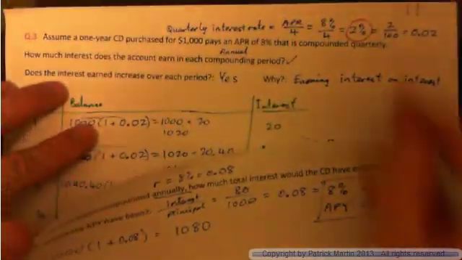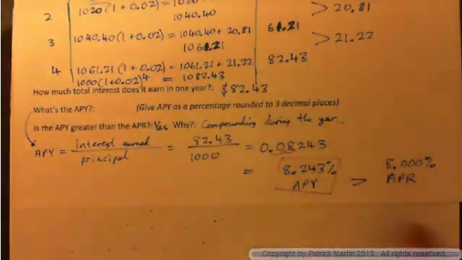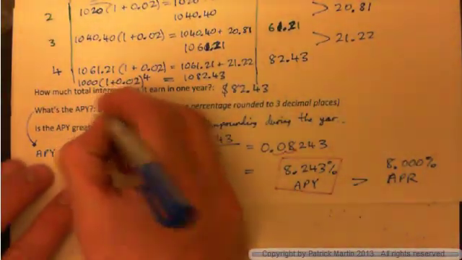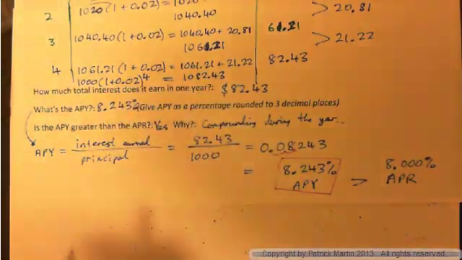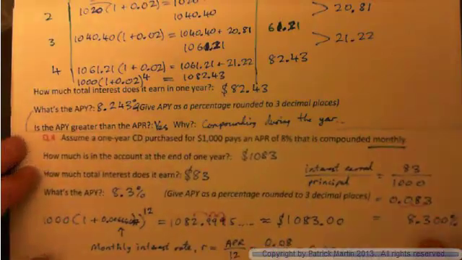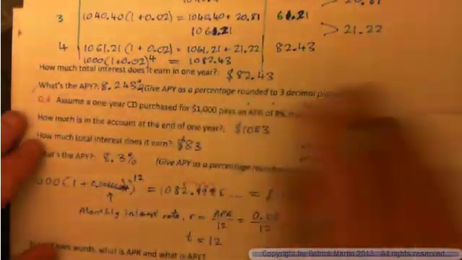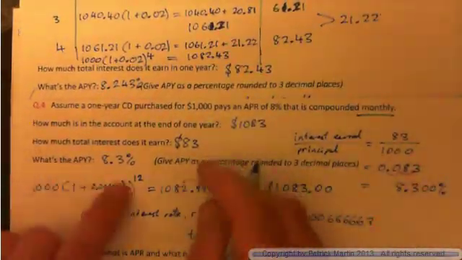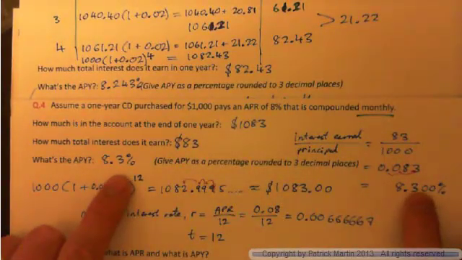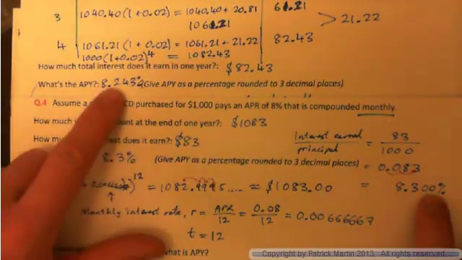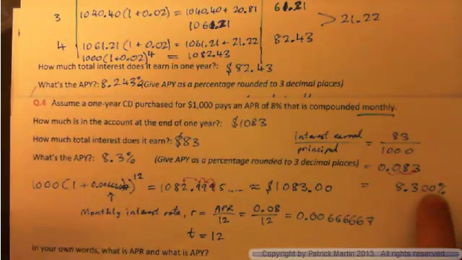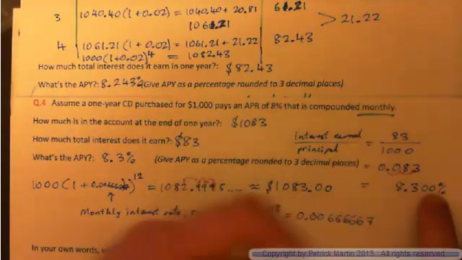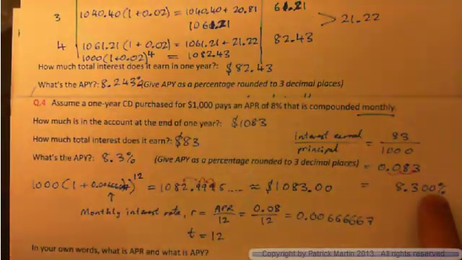Our annual percentage yield was 8.243%. Then when we compounded monthly, we got 8.300%, which is more than that, because if you compound monthly, you're going to get a little bit more interest.